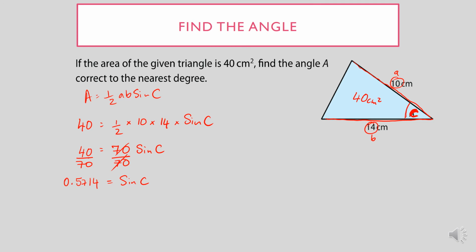How do we go and find the angle C? How many degrees? Well, there we go to working backwards. We use our sine inverse function. So shift and the sine button, type in 0.5714, and this should give us angle C. C equals 34.85 degrees, and the question said to the nearest degree, so that would be 35 degrees because of the 0.8.